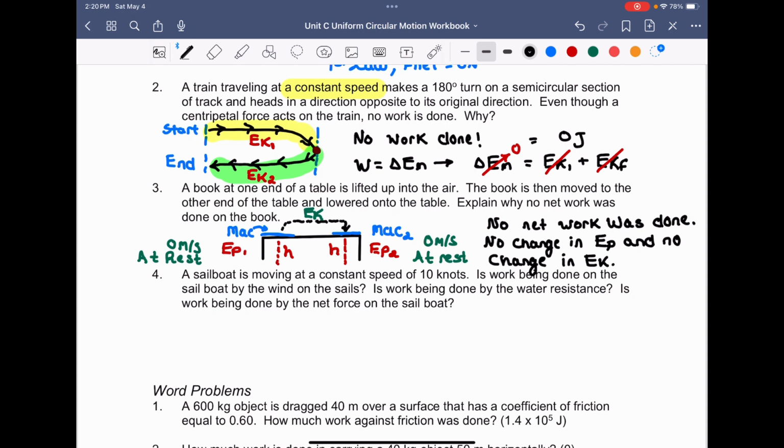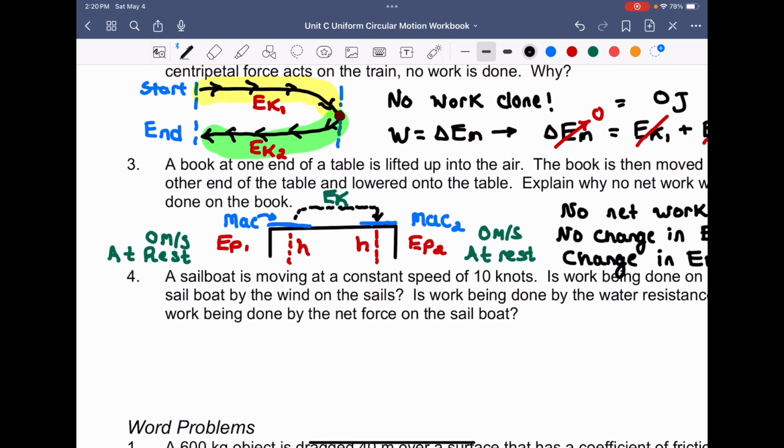There could have been change in kinetic energy in the sense that the object could have been kept moving, but at the same height. Like, let's say the problem was this instead. I take the MacBook and I move it across the desk, but instead of stopping here, I just continue on and it keeps going at that same height and keeps going for infinity. We would look at this and say, oh yeah, there's definitely some sort of kinetic energy. Or even if we said it starts here and then it's moved and then it goes 5 meters at a certain speed, we could consider that work being done.